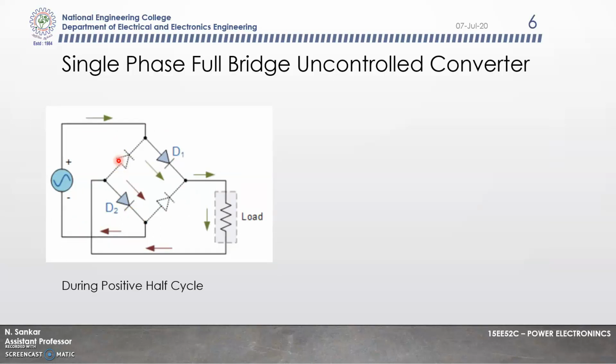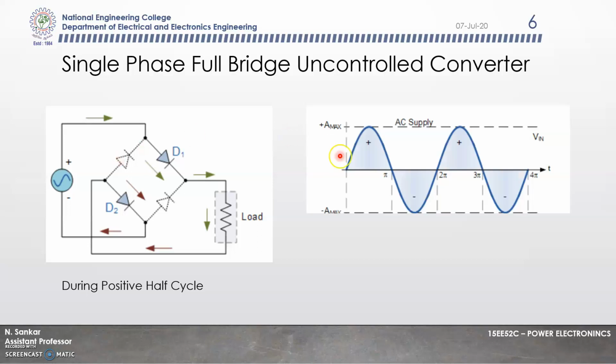First, the positive half cycle. The input has both positive half and negative half for a single cycle. If you take the positive cycle alone, diodes D1 and D2 are both forward biased. Similarly, diodes D3 and D4 are both reverse biased, so they are turned off. So diodes D1 and D2 get turned on.